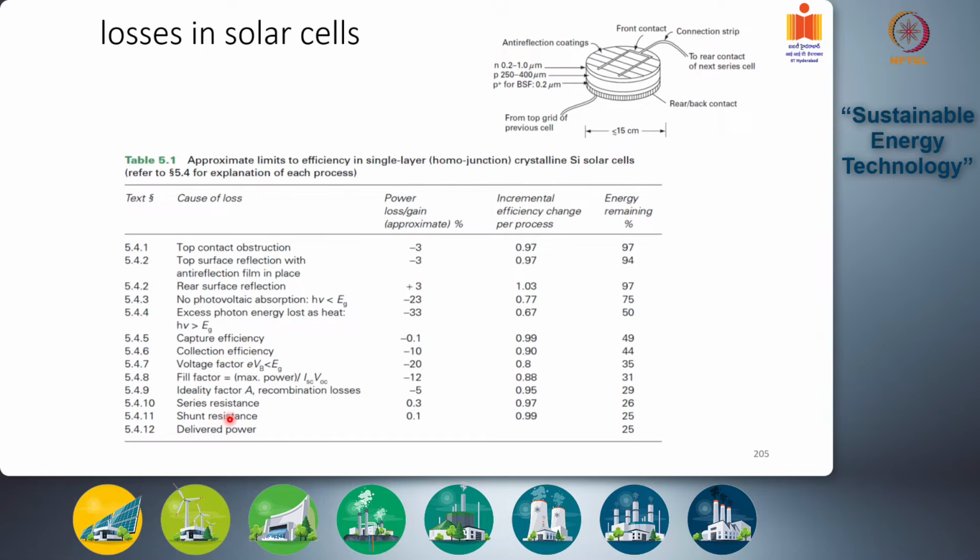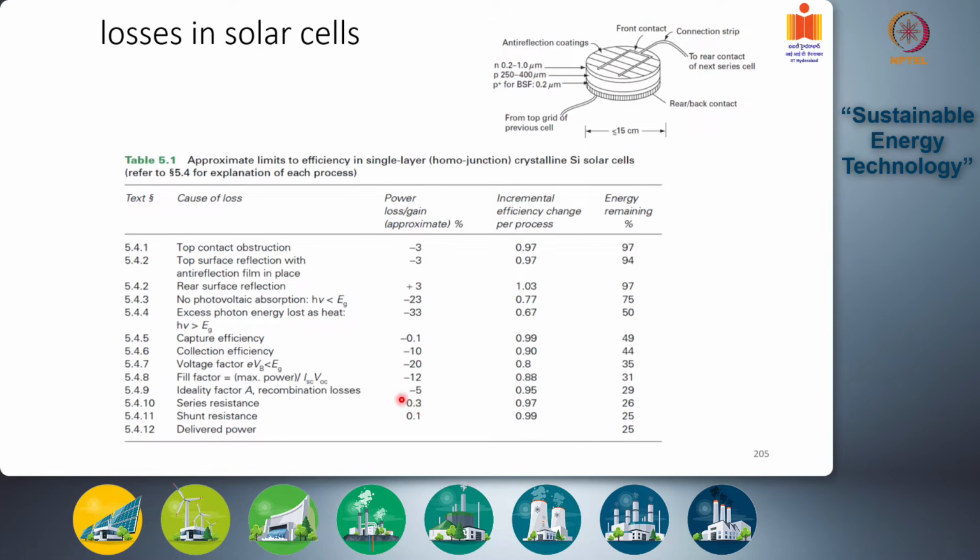Then you have series resistance and shunt resistance, which we discussed earlier also, that the resistance across the junction, and shunt resistance is due to maybe crystal defects that can create shortcuts for the electrons and the holes to recombine inside the cell itself rather than going through the external circuit.